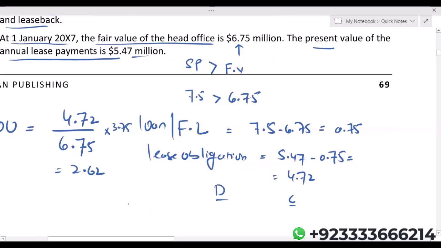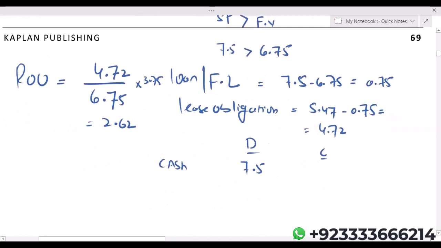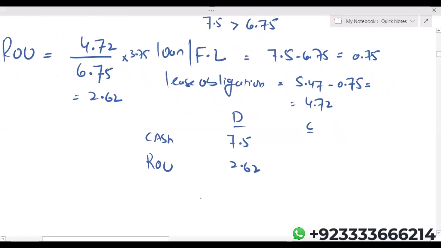Okay. The cash element is 7.5 million. Right of use asset, 2.62. Am I right? Can I say property, plant and equipment will be credited by 3.75?